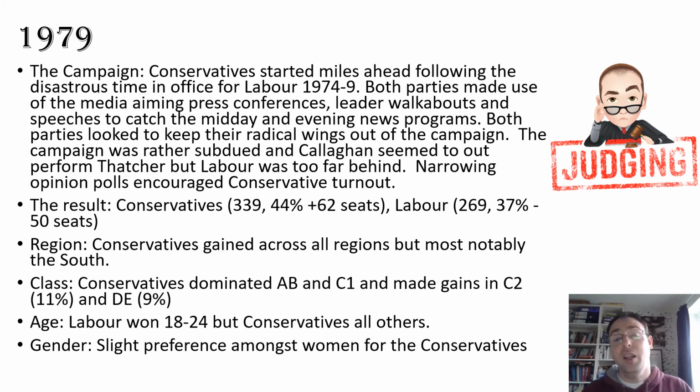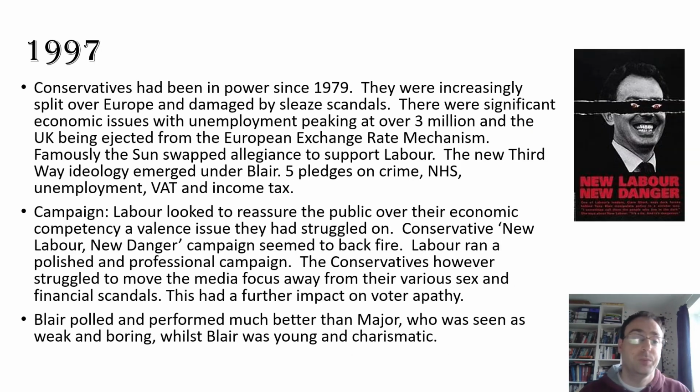And therefore, again, we're starting to get this idea of class de-alignment, because the Conservatives are starting to pick up more votes in areas where they wouldn't normally have done so. Even at this point, young voters, 18 to 24-year-olds, are voting Labour, but for anything above that, the Conservatives won all the other age groups. And there was a slight preference amongst female voters for the Conservatives, possibly explained by the fact they had a female candidate.